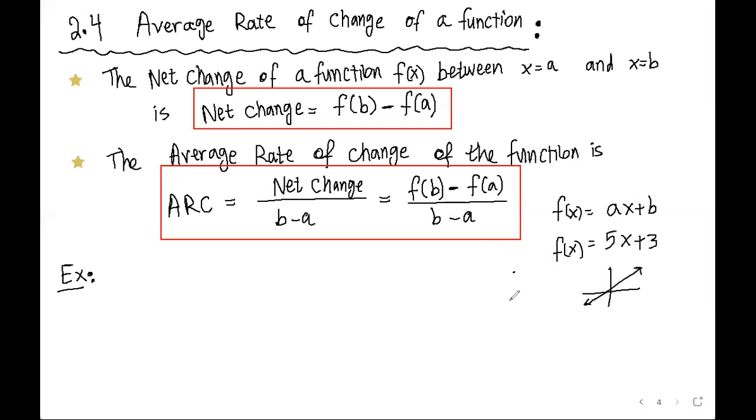But if the function is not linear, and the question is to find the average rate of change between this point and this point, it's going to be the secant line. The slope of the secant line has this formula.